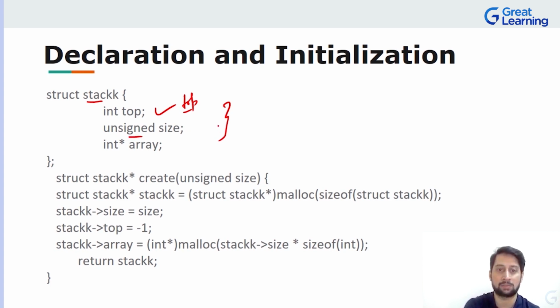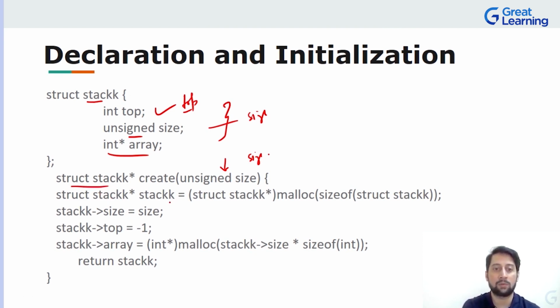Then we have the size of the array, and then we define the array. Also, whenever we are going to create this array, we call it in the main function. In the main function, when we call this create method, we send the argument, that is the size of the array, and after that we return the stack.